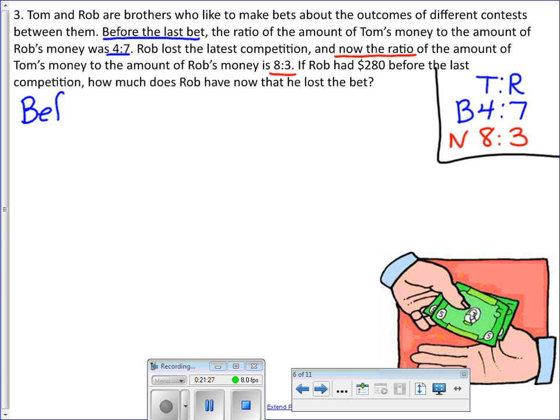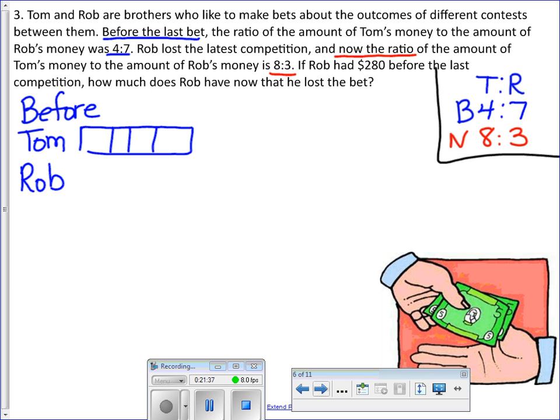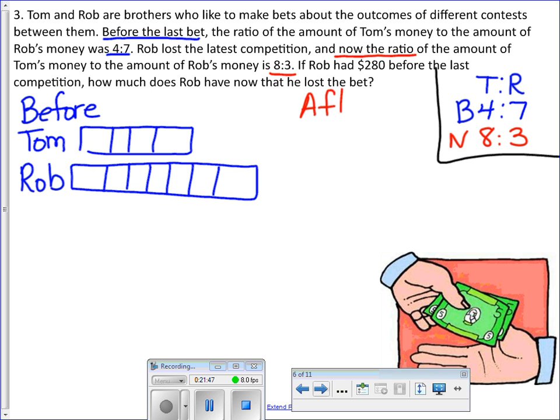So before, Tom was 4. Rob was 7. That's my first ratio. The second ratio they gave us, now, use now, not after.